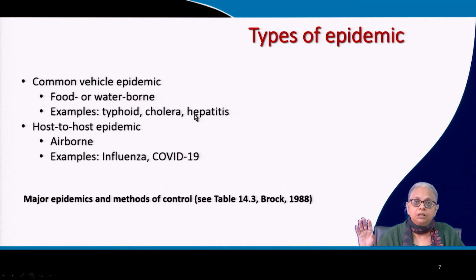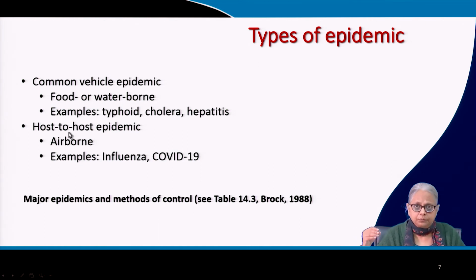These are the normal widespread occurrences of these diseases at that time. When you have host-to-host epidemics, just like the COVID-19 one that we are living through, the route of direct contact between an infected person and a not infected person is likely to transmit the virus. We are calling it an airborne virus.